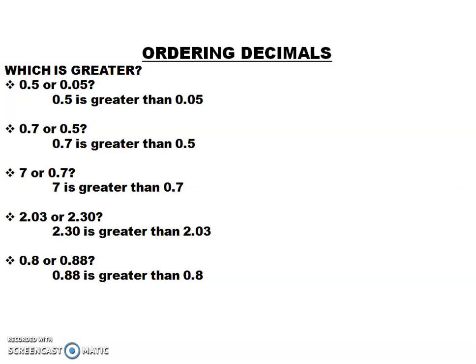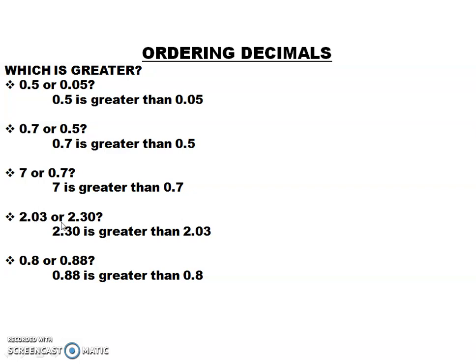What will you look first? You will look at the whole number part first. Which is the whole number part? In both the numbers you can see 2. The whole number part is 2. So, you cannot compare. So, you will go to the tenths position. Where? Tenths position.